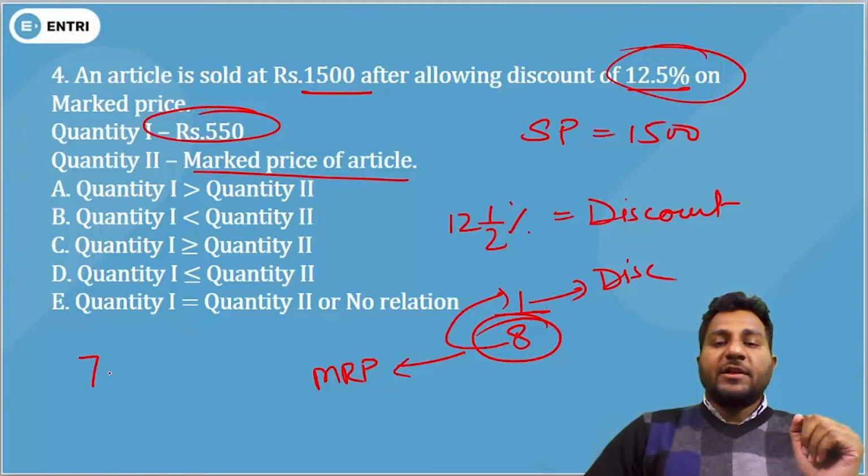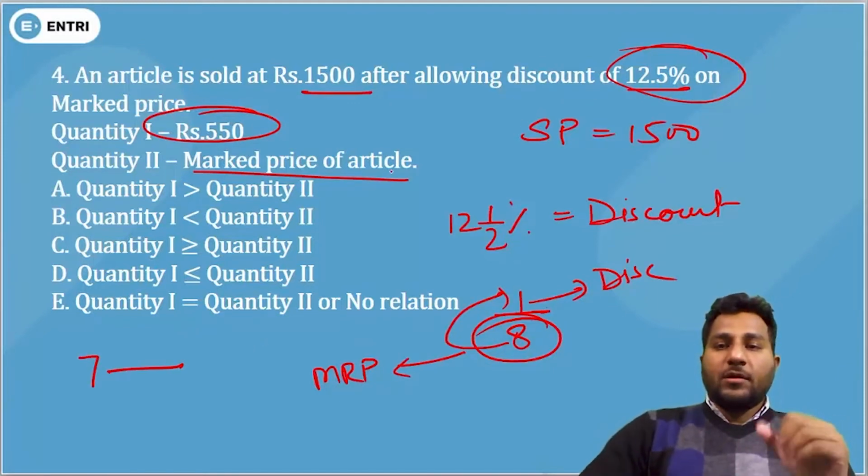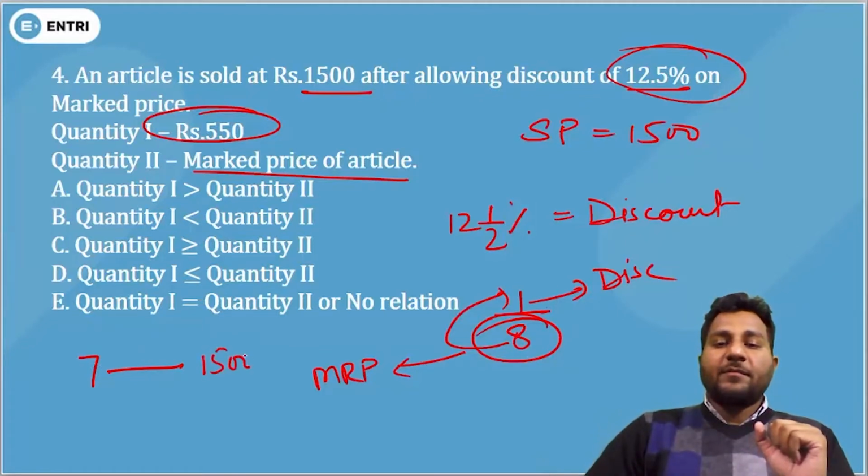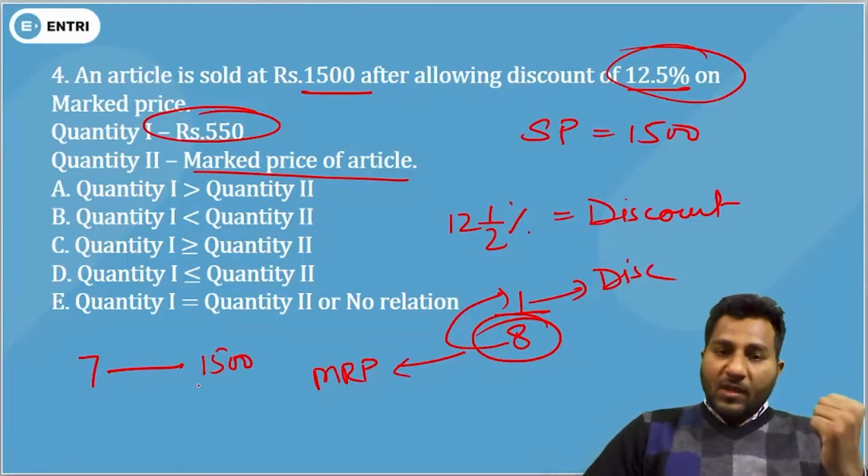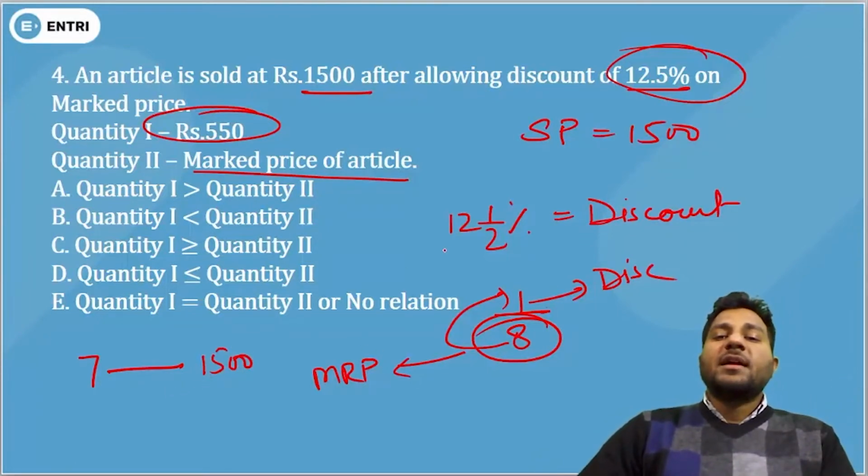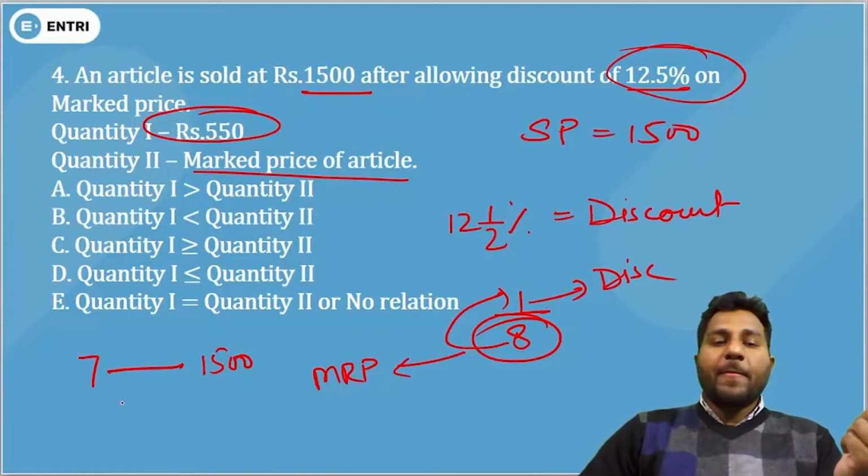So 7 units stands for 1500, because 8 was MRP, 1 was discount. That means 7 was the selling price. So 7 is equal to 1500, so 1 unit equals 15 by 7.